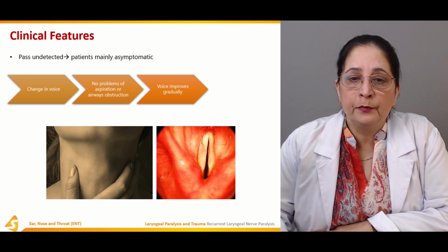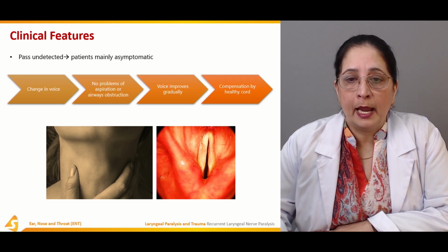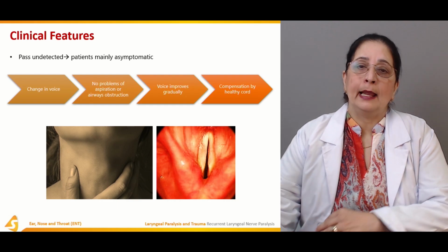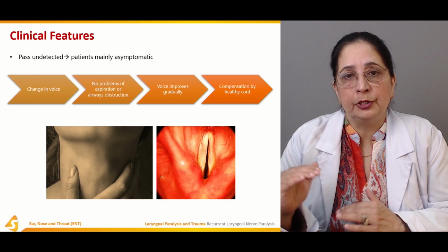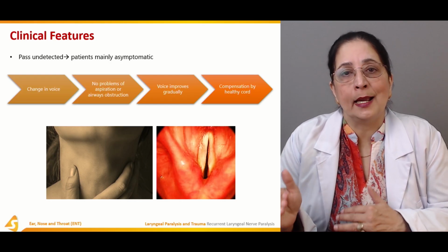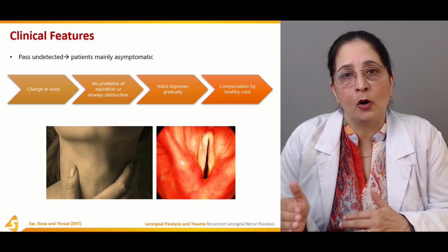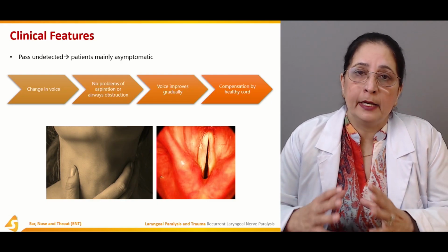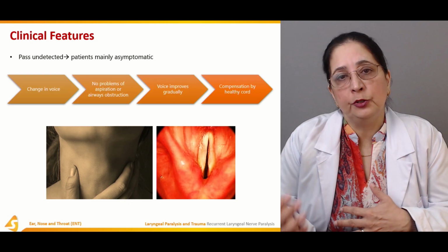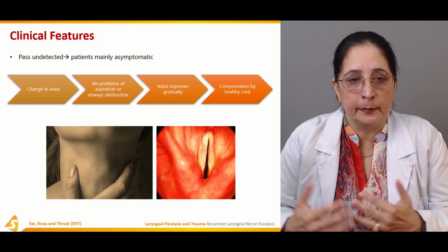The voice improves gradually, with compensation by the healthy cord. So if one side is affected, usually the other normal side of the vocal cord can compensate for the voice loss. But if both sides are affected, usually it is not possible.